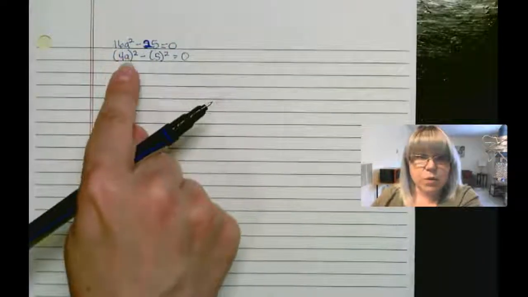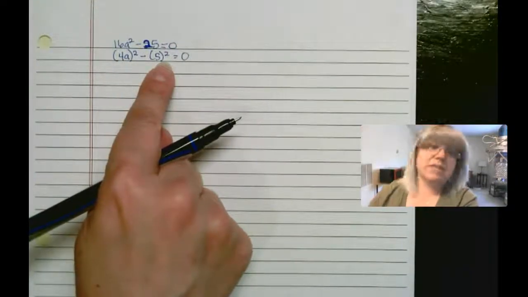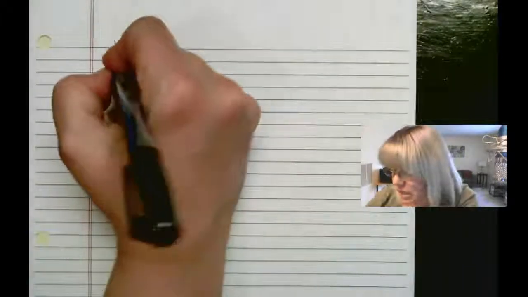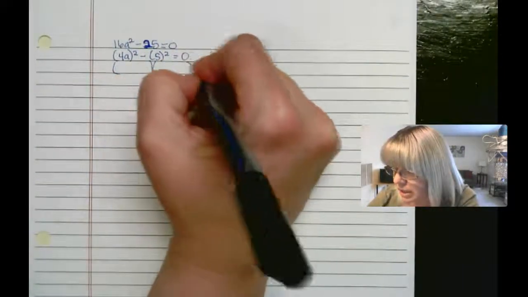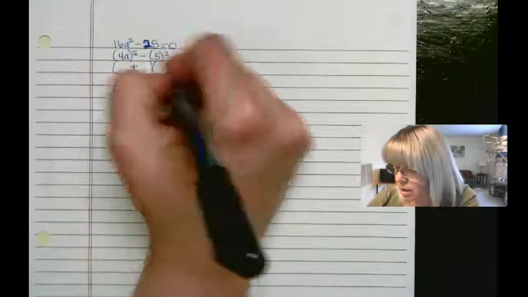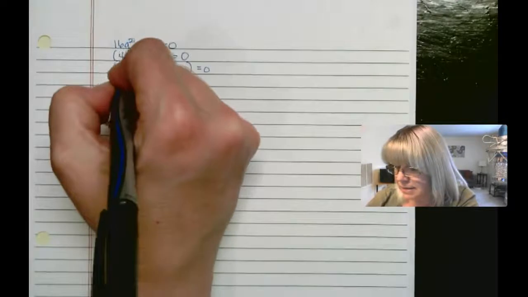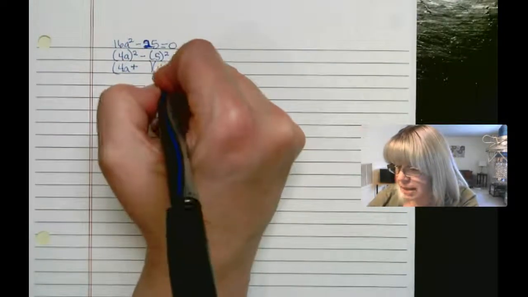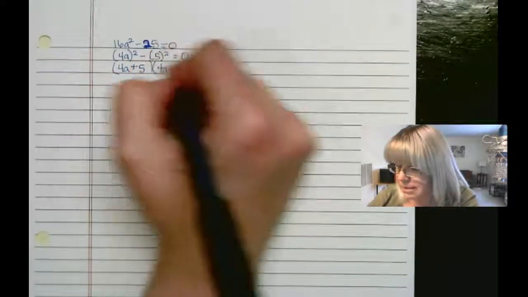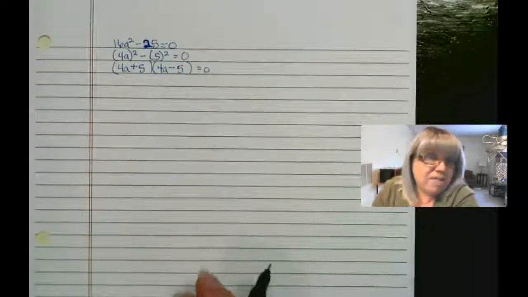And because I've now written it in this format, it is the difference of squares, and we have a nice formula we get to use. One's addition, one's subtraction, first term's base, second term's base, and unfactored.